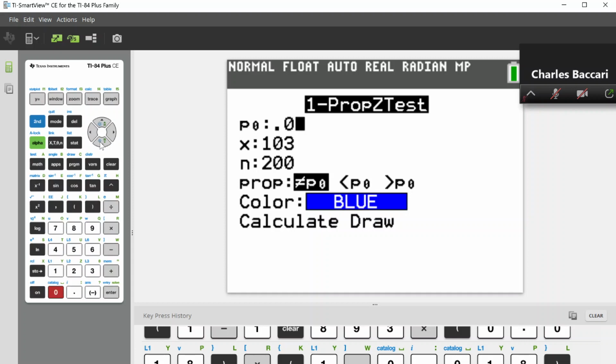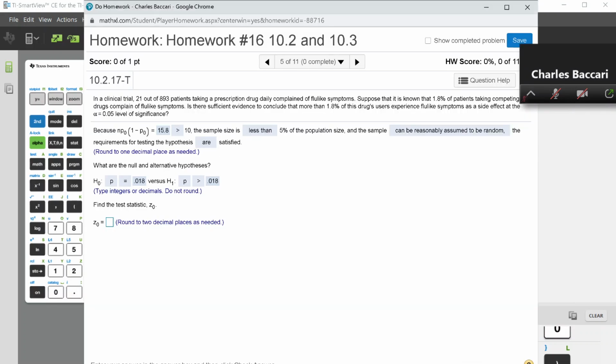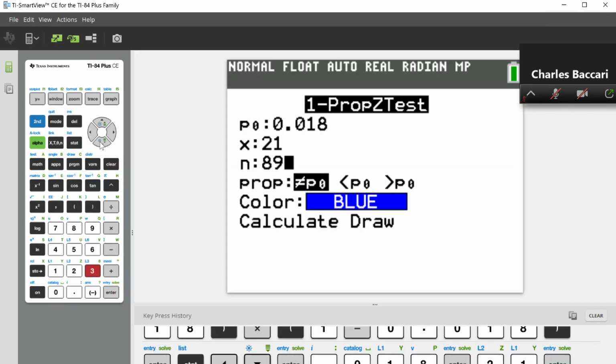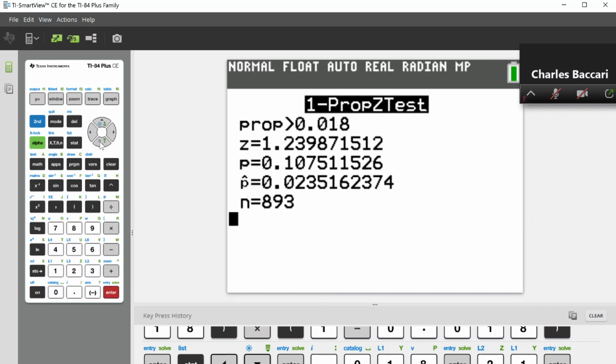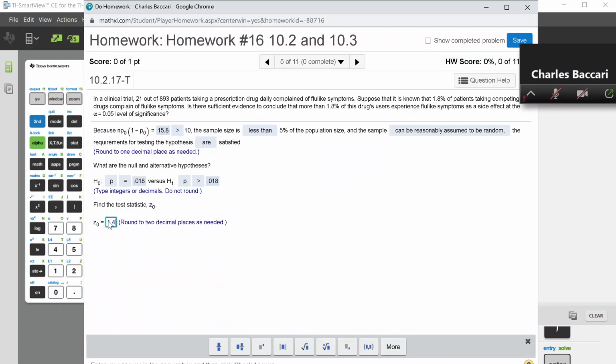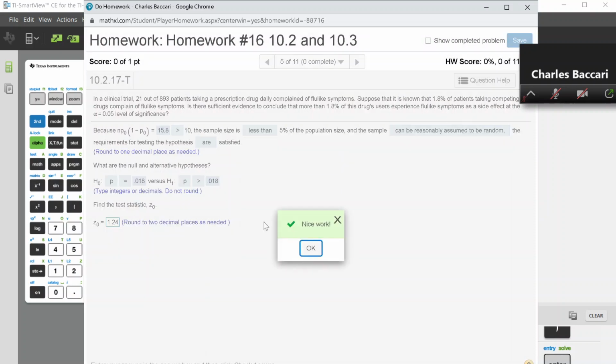So we're going to put 0.018. We're going to put x, which is 21, n is 893, greater than, calculate, and the z-value is 1.24. So we put 1.2 and we check it and we're good.